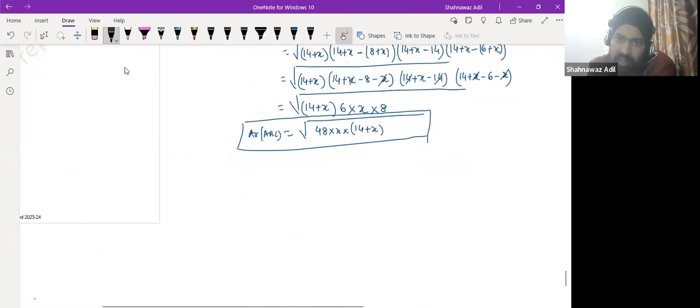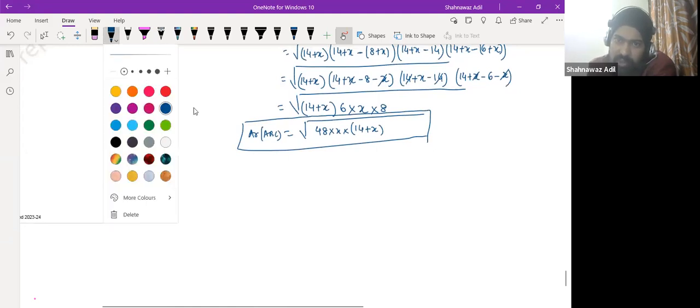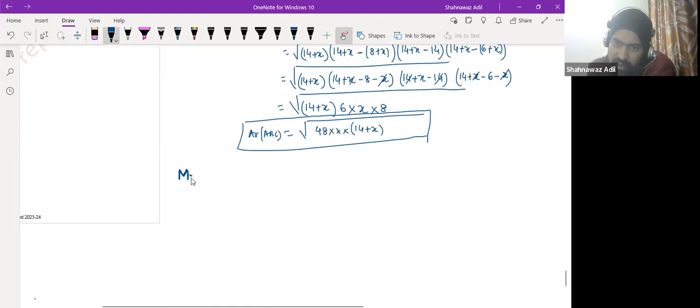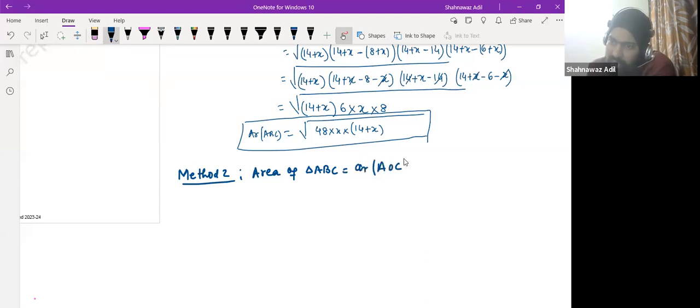This is method 2, right? Area of ABC would be equal to area of AOC plus the area of AOB.